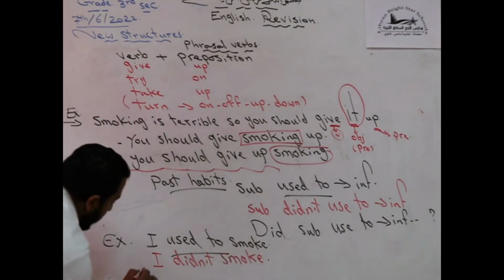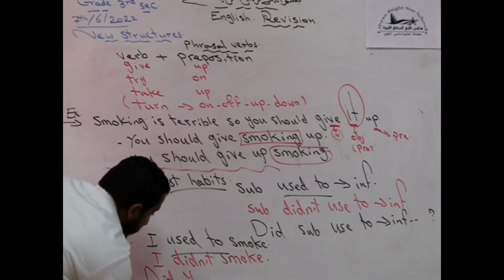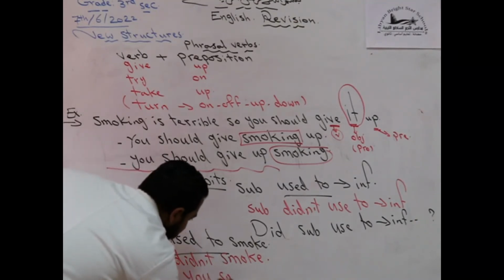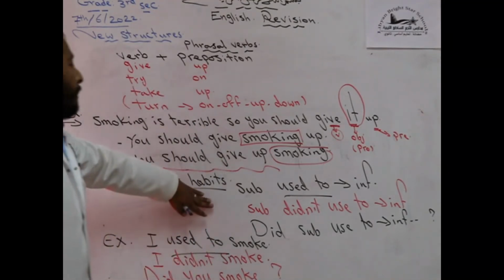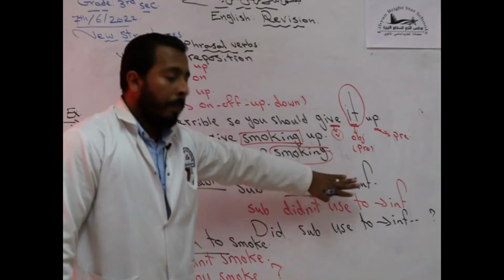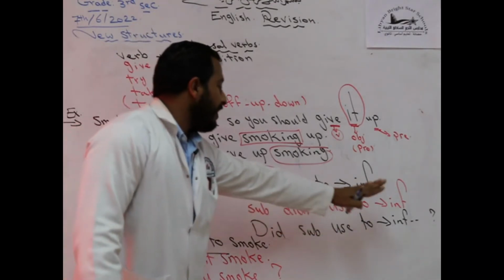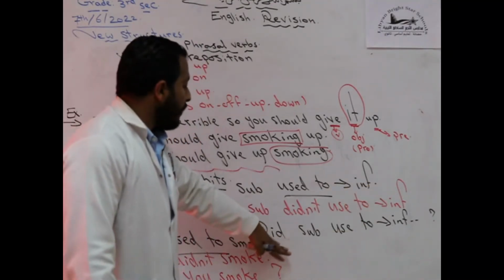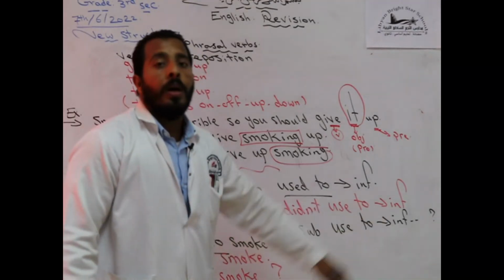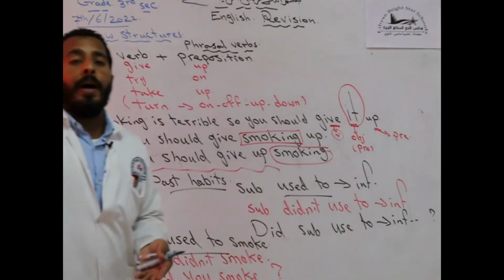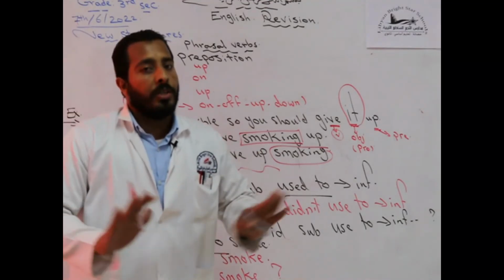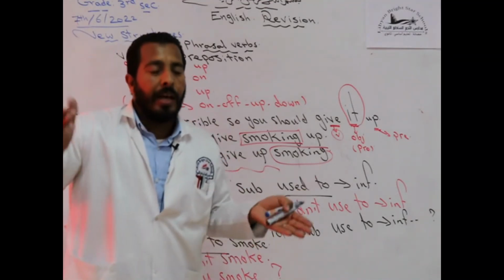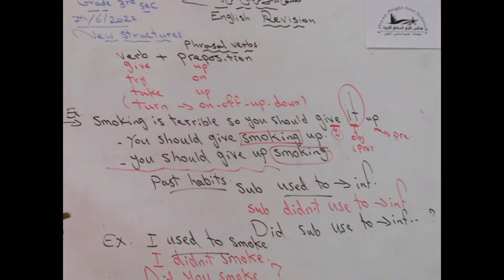To write a question we use, did you use to smoke? To talk about past habits, we use used to. In the negative form, didn't use to. To write a question, we use did, subject, use to. We use used to talk about things that were true in the past, but they are not usually true now. حاجات في الباست كانت حقيقية ولكن دلوقتي لا.